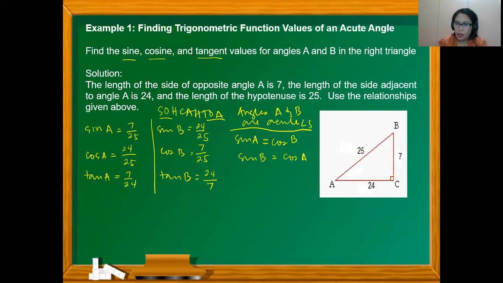We already have one right angle here. So we know that the sum of the interior angles of a triangle, including a right triangle, is 180. So if we already have a 90-degree angle, which is a right angle, we can assume that the sum of the two angles A and B is 90.